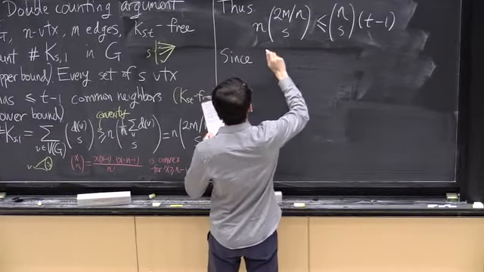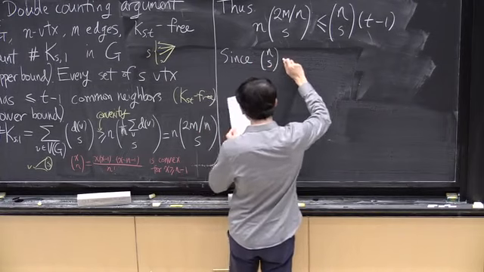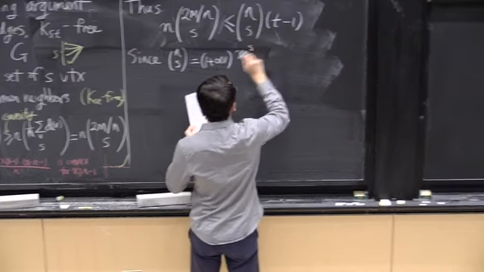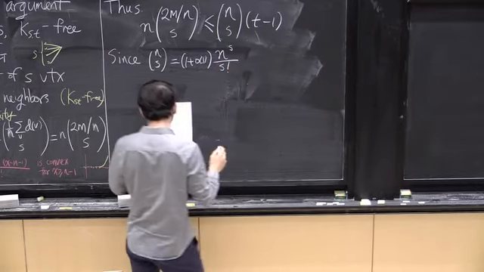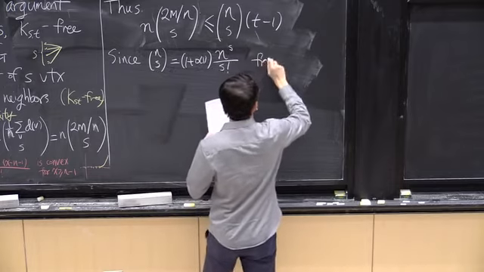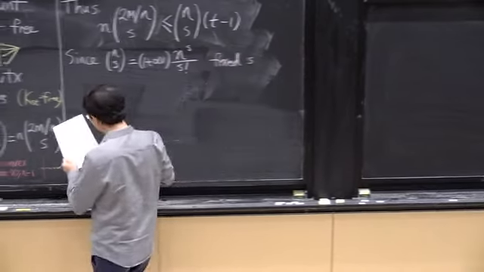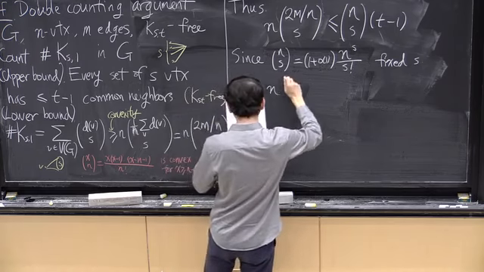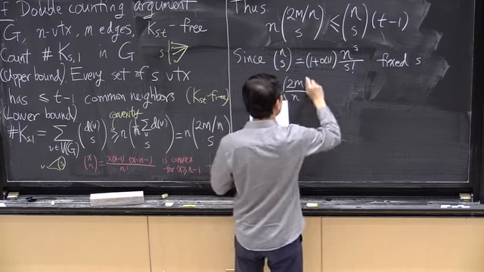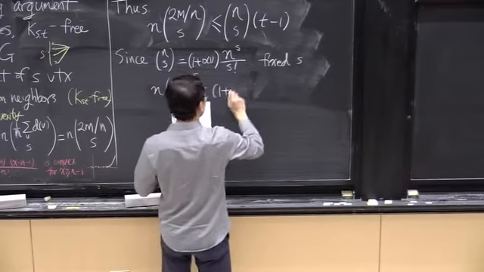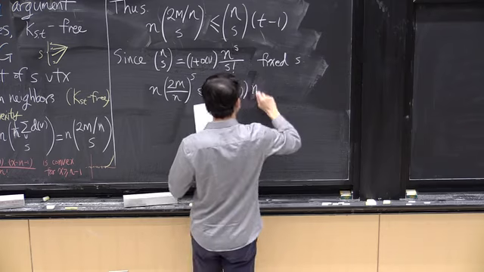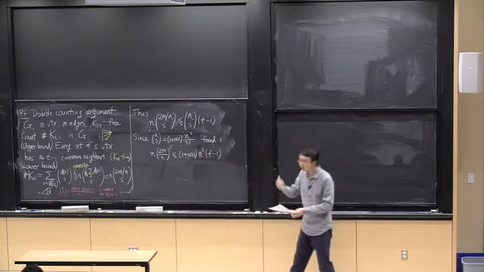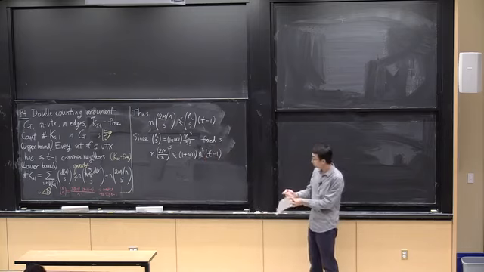So it will be helpful to use the asymptotics that n choose s grows like n to the s divided by s factorial for fixed s. Applying this asymptotics to both sides, we have this inequality here. So I've eliminated s factorial from both sides.